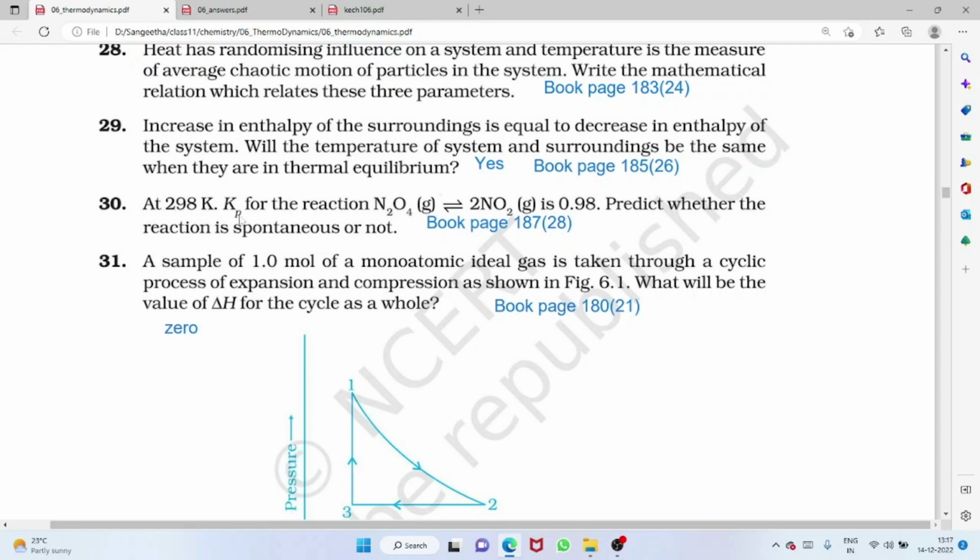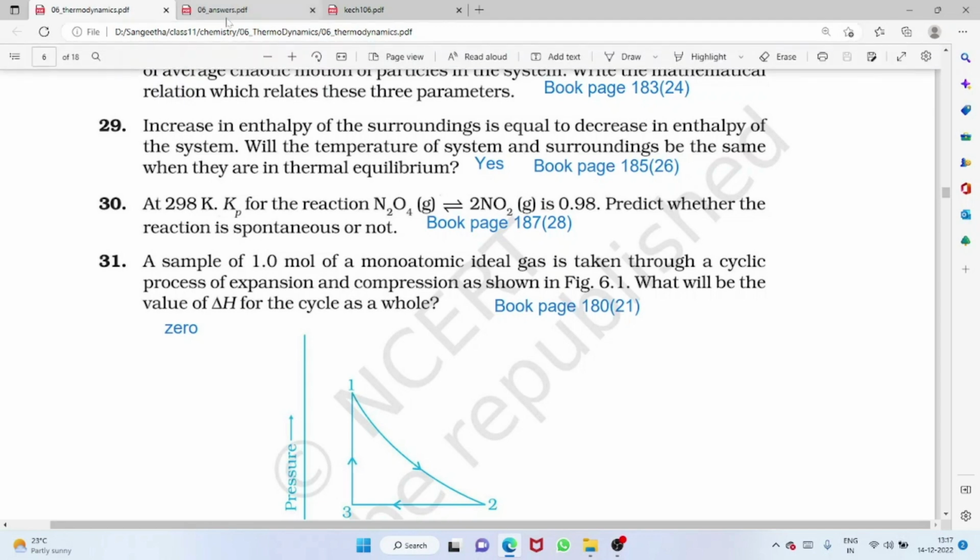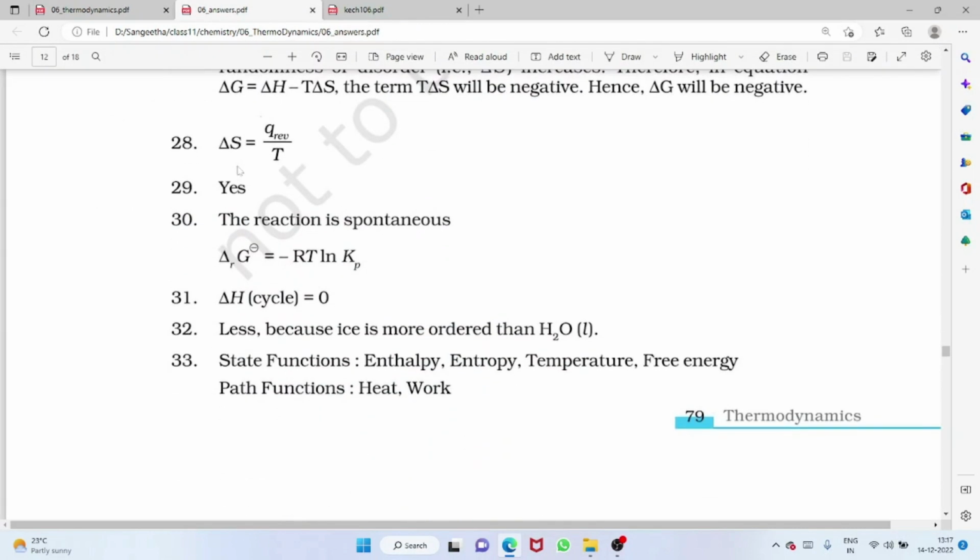At 298 K, the equilibrium constant for the reaction is given. Predict whether this reaction is spontaneous or not. So we have to use this formula, delta G = -RT ln K, the equilibrium constant. So they are using this formula. This reaction is spontaneous. Delta G is negative because Kp is not 1.